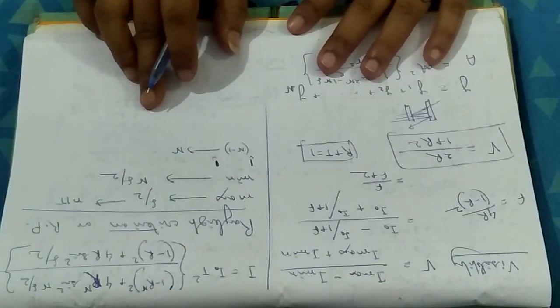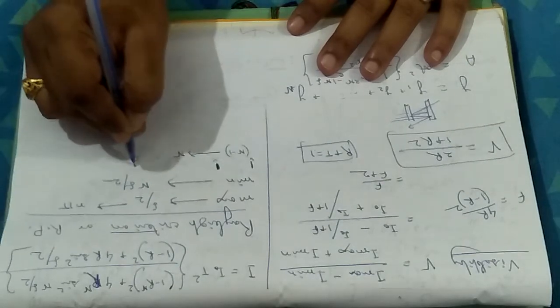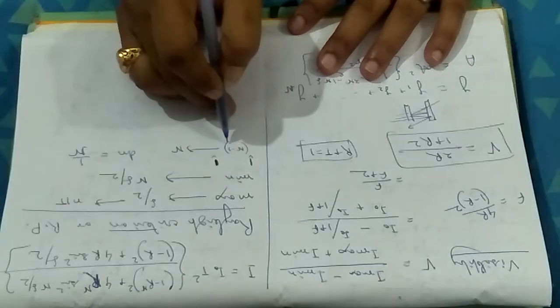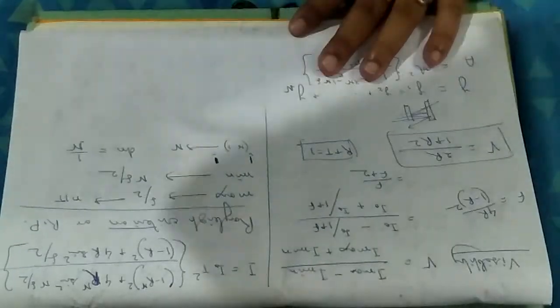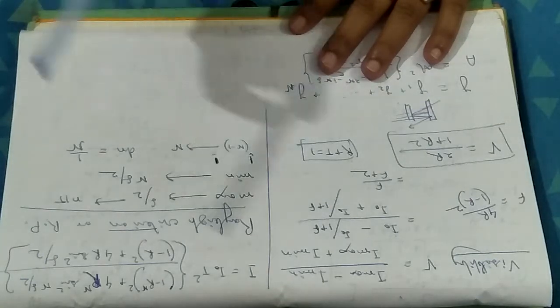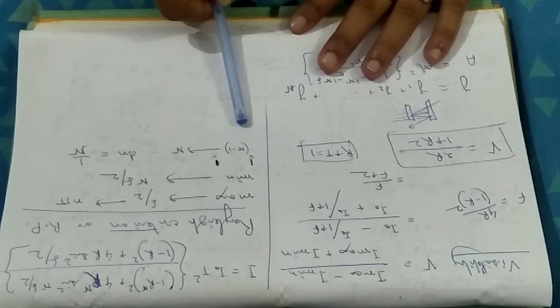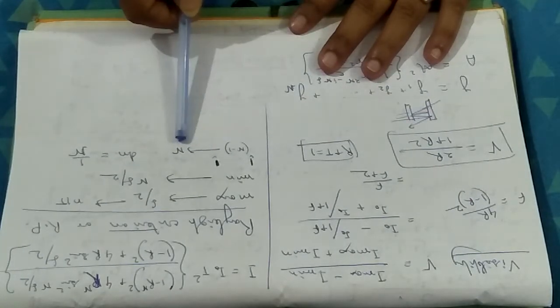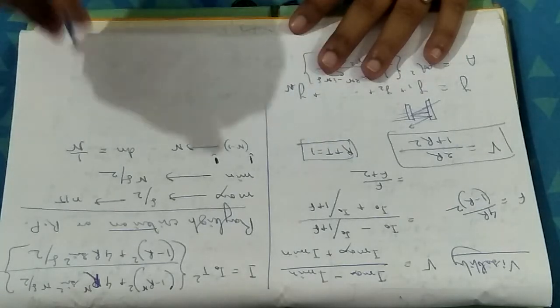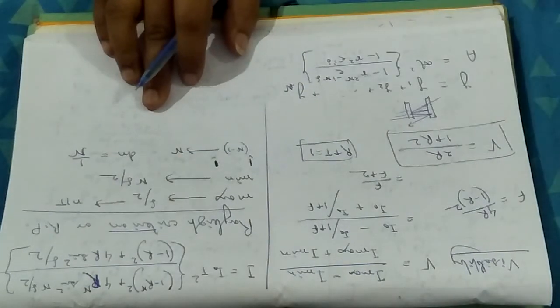So the change in the order number of the principal maxima for a minima is dn equals 1 by n.